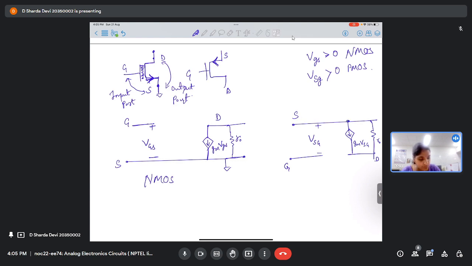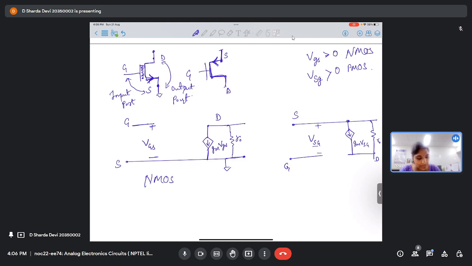It's flowing from source to drain. And if you look at your circuit symbol, you'll see that in PMOS the current actually flows from source to drain. So that convention should be met.